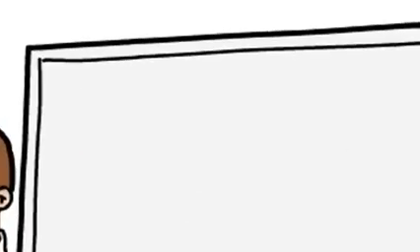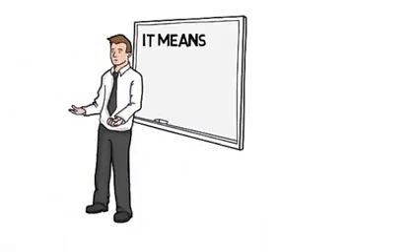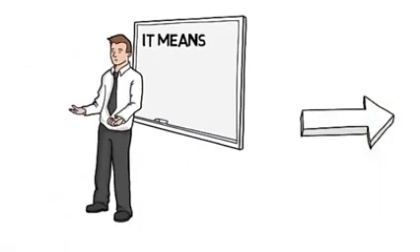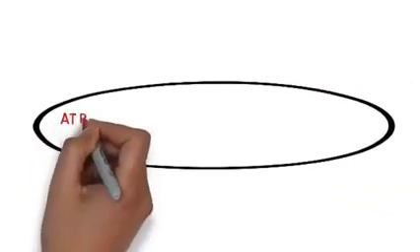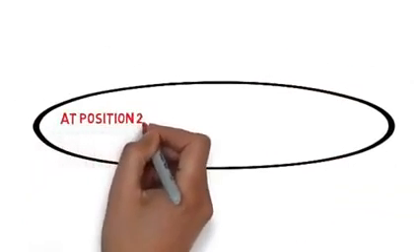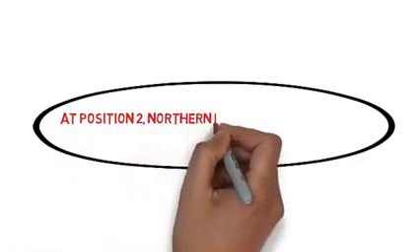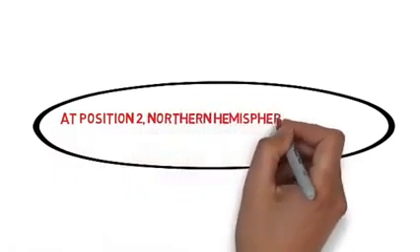Let's see what does this mean. It means that at position 2, the northern hemisphere has spring and the southern hemisphere has autumn.